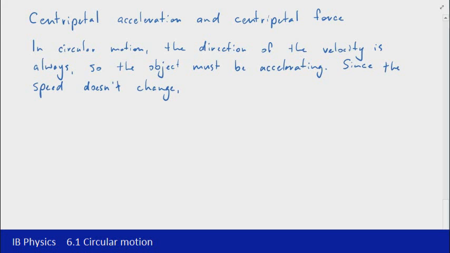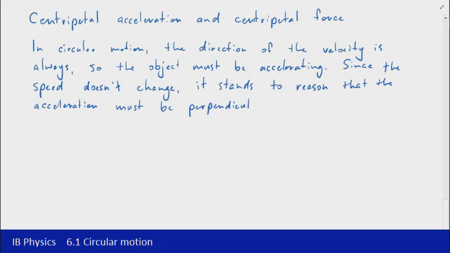So since the speed doesn't change, the acceleration must be perpendicular to the velocity. If the speed was going to change, some component of the acceleration would have to be in the same direction as the velocity, so that the speed can either increase or decrease. And because we don't see that, we can reason that the acceleration must be perpendicular to the velocity.